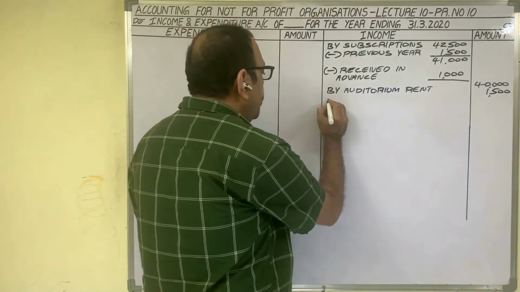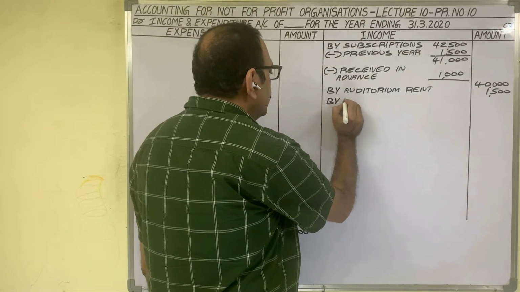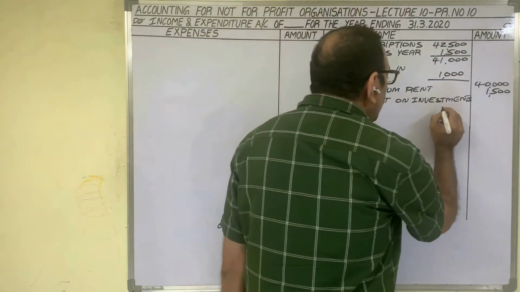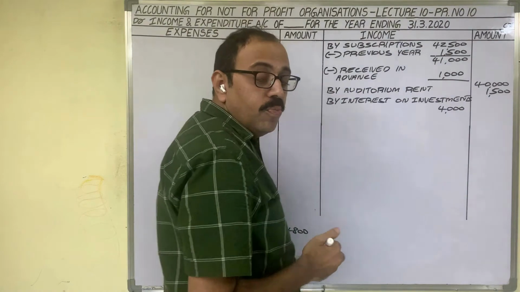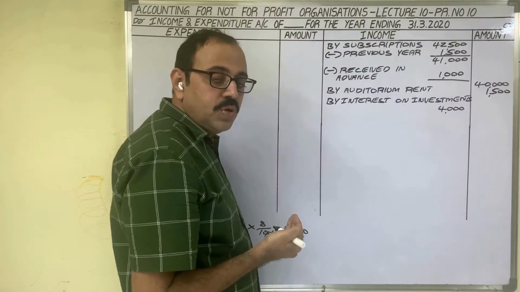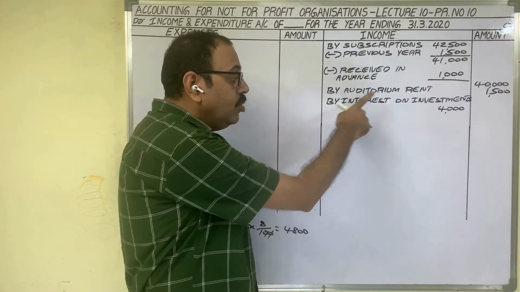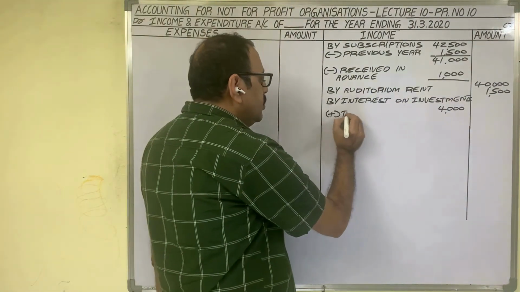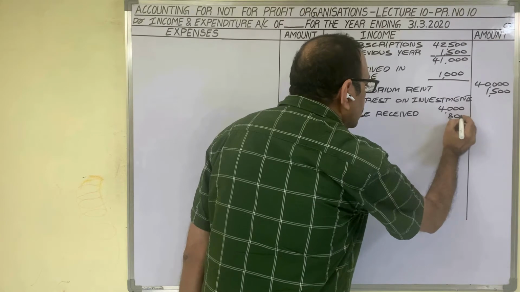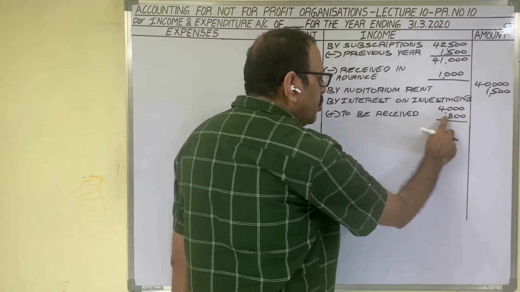So total adjustment clearly we have to show in the inner column by interest on investments. In the inner column, first you have to show the received amount, 4,000 rupees. More 800 should come, so that 800 we have to add to this 4,000 rupees, plus to be received 800 rupees. How did that 800 rupees come?